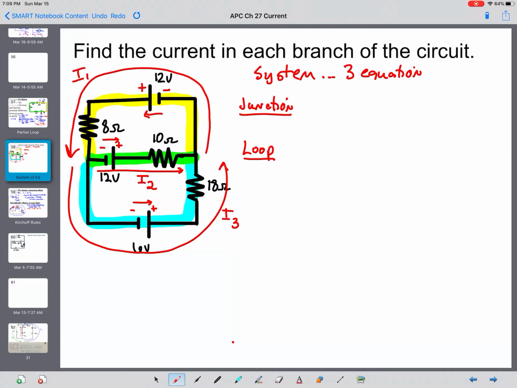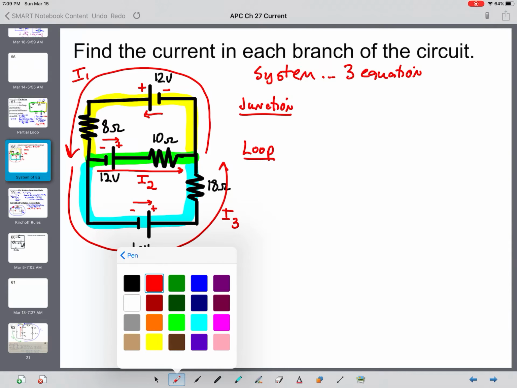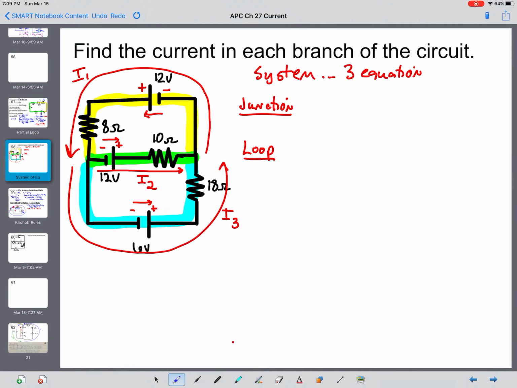For the junction rule, at the junction over here on the side, right there where I put the blue dot, I1 goes into that junction, and I2 and I3 come out of the junction. So then I1 is equal to the sum of I2 plus I3.